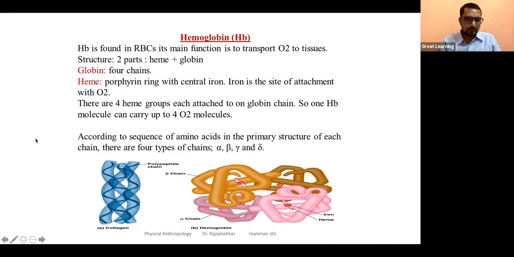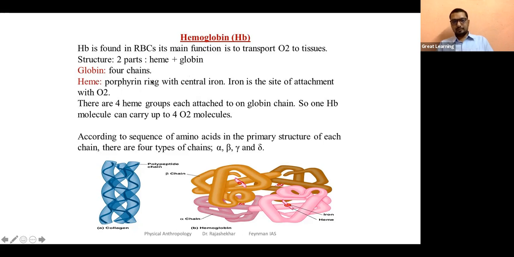If you see in the structure below here, you see the iron here? Iron is actually in the center of these polypeptides. So you actually see 4 subunits together. So this is the protein part, which is the globin part. Heme is the iron part.